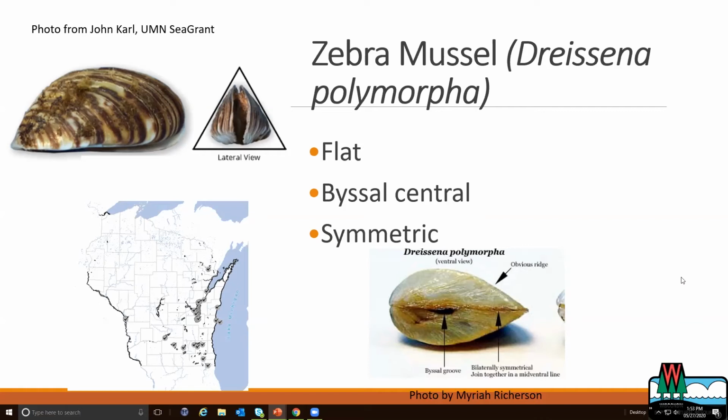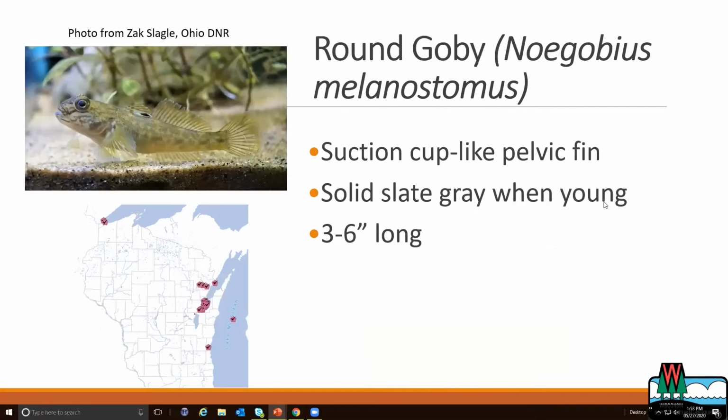So with that, move on to I think our one and only fish in these slides, and the reason that this is aquatic animals and not aquatic invertebrates. The round gobi, found just north of Lake Winnebago.